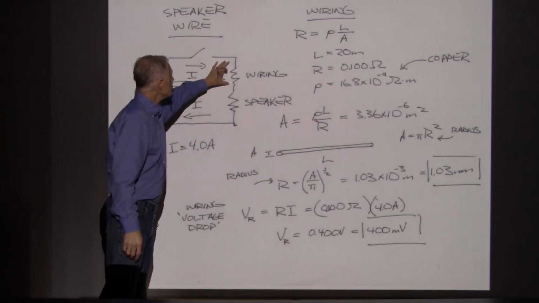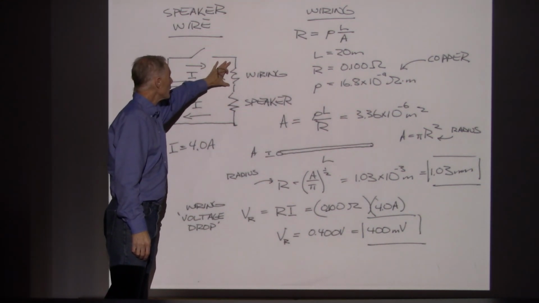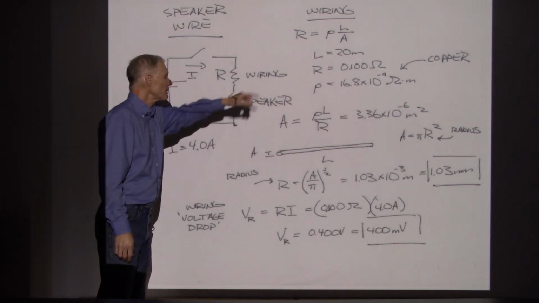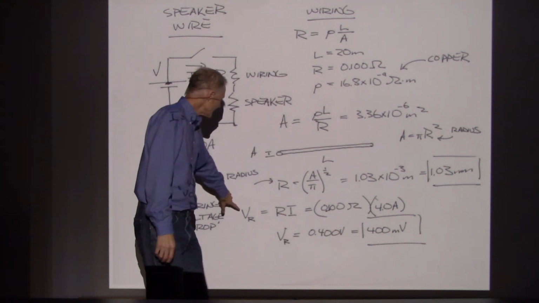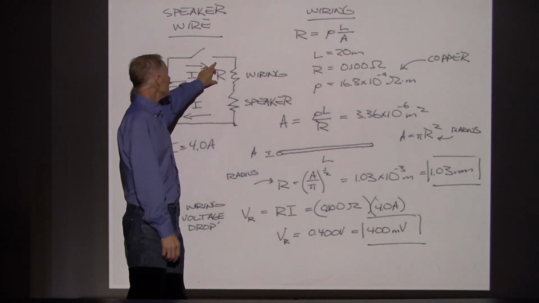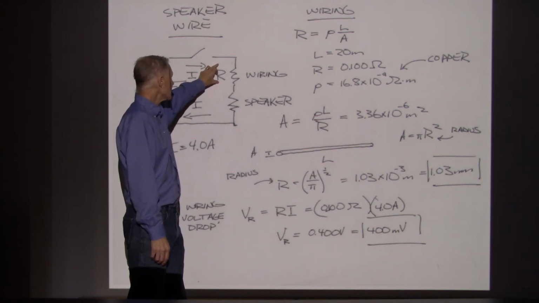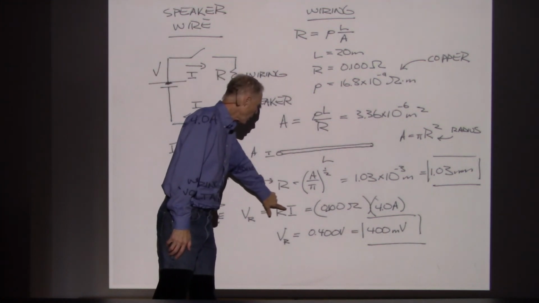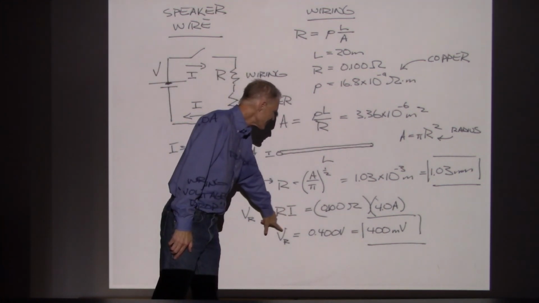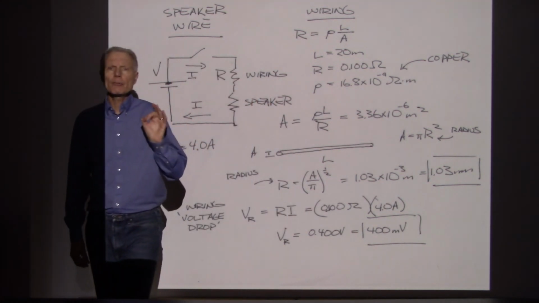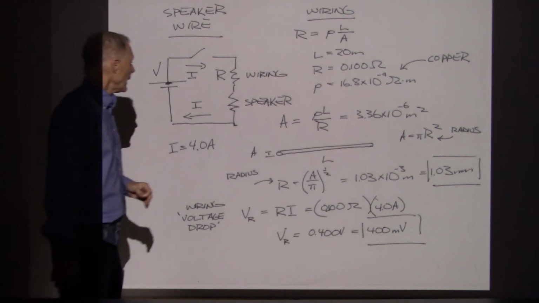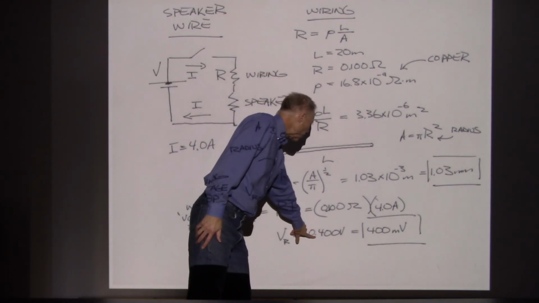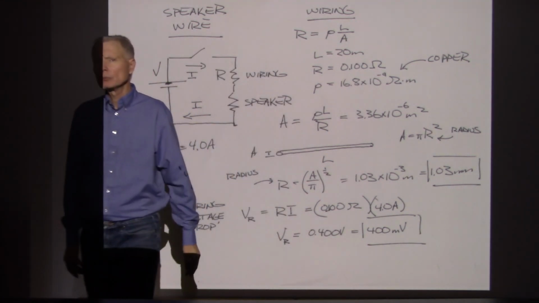How much of a voltage drop will we have along the 20 meters of wire? For each 20 meter length, I can calculate the voltage loss across the wiring as R times I. And that says that the voltage loss will be 0.4 volts. Now, if I'm operating at 120 volts, and I'm only losing 0.4, that sounds pretty good.